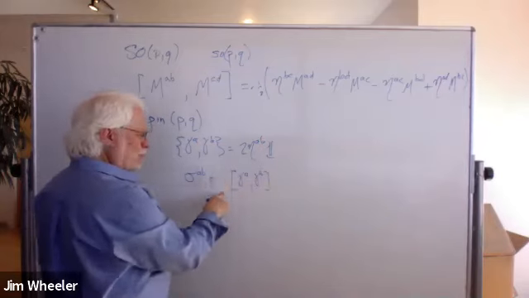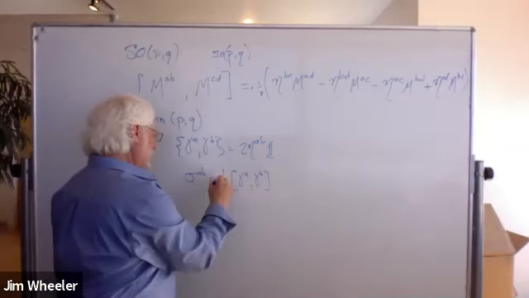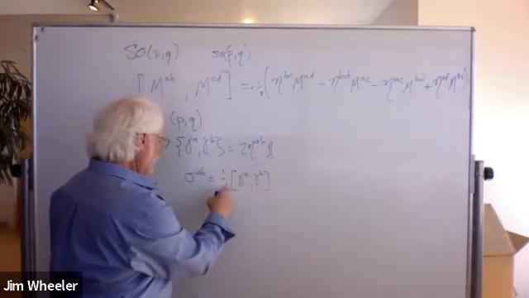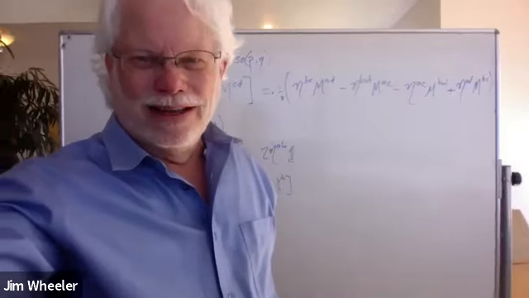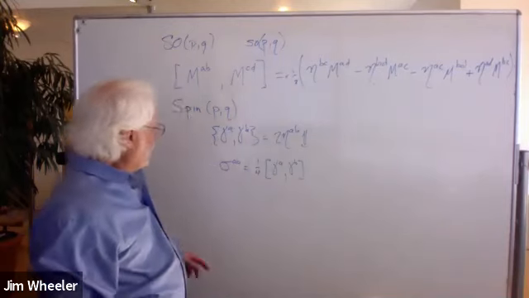I suspect I'd put a quarter here as a normalization. Mostly I choose my normalizations for gravitational purposes. So you can normalize these any way you like.